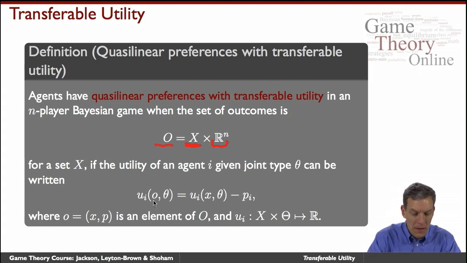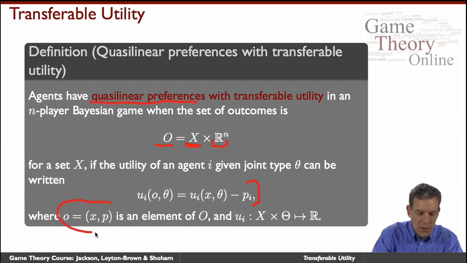So in this particular setting, when we have quasi-linear preferences, things are going to be linear in this second dimension. So we can think of an outcome now as being a list of the public decision X, and also some P, which is going to be P1 through Pn, of what those payments are.